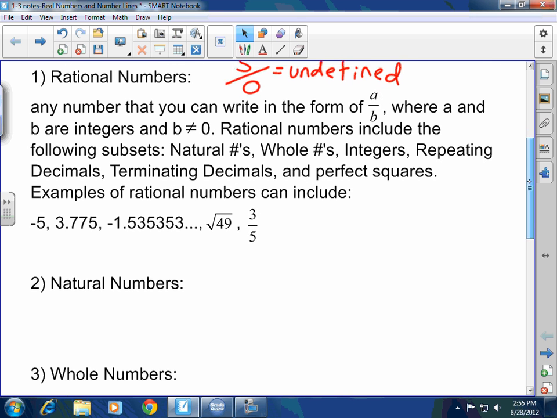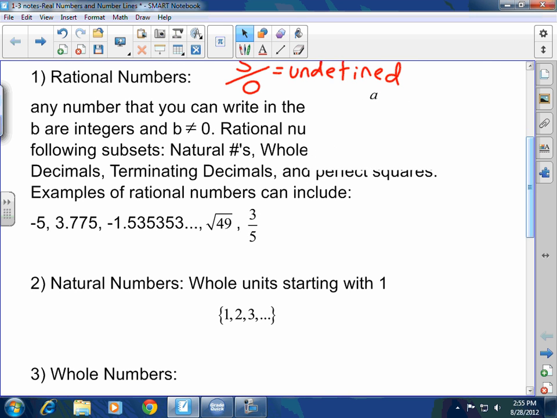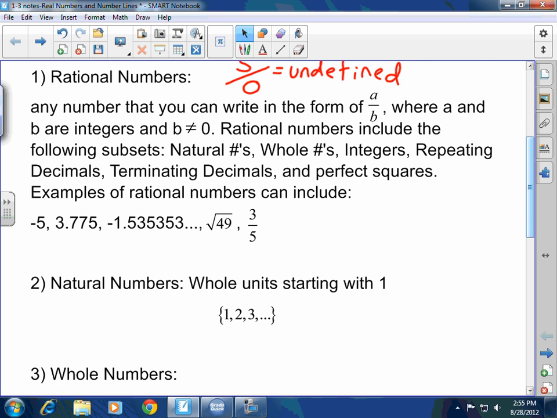Now, natural numbers are whole units starting with 1. They're basically our counting numbers: 1, 2, 3, 4, 5, 6, etc.